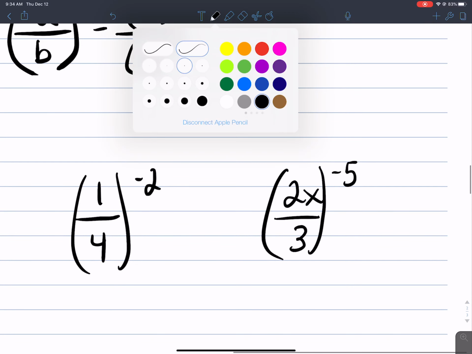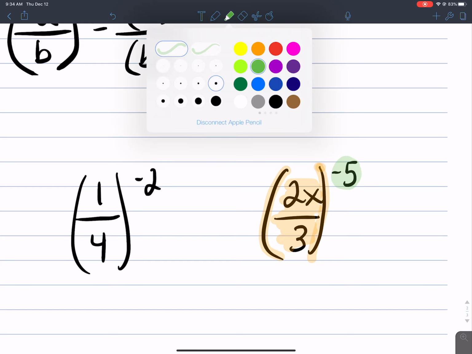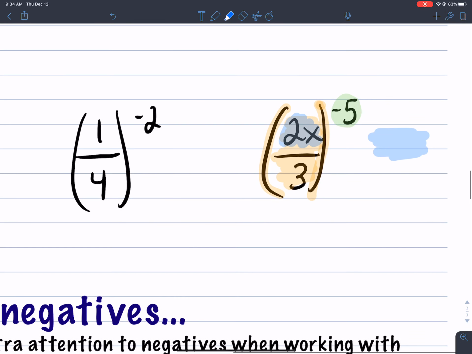So here, I do see an entire fraction, 2x divided by 3, and that entire fraction is being raised to an exponent. So I'm going to use my quotient rule. So what it says is the numerator, which is 2x, I'm going to write right there.